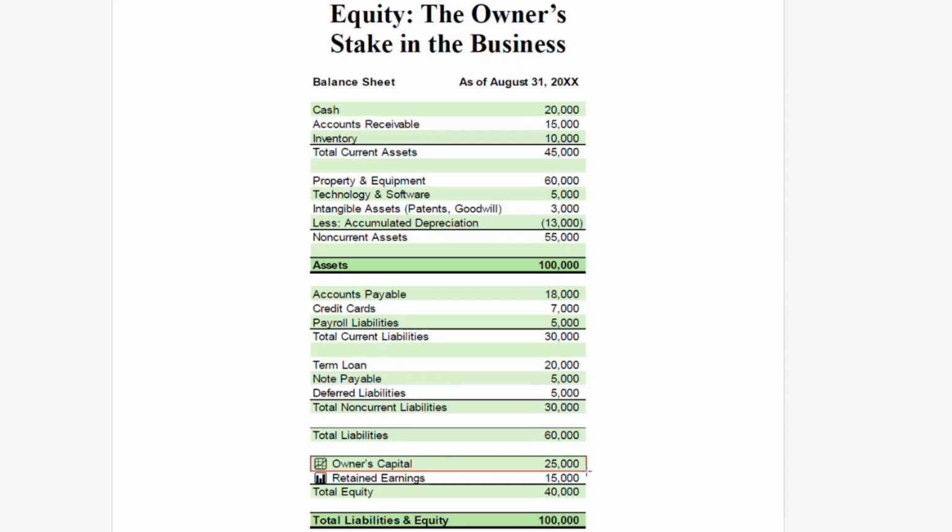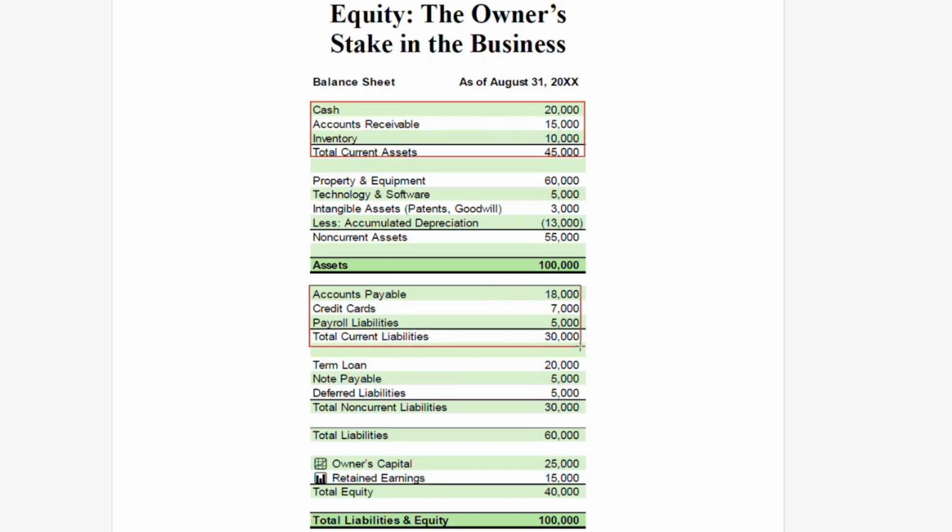I mentioned them, but let's talk about them in a little more detail: contributions. That's money coming into the business. That makes equity go up. And then there is a distribution that makes equity go down. Okay? So that is the balance sheet in a nutshell. We've gone through everything. We have gone over current assets and current liabilities.